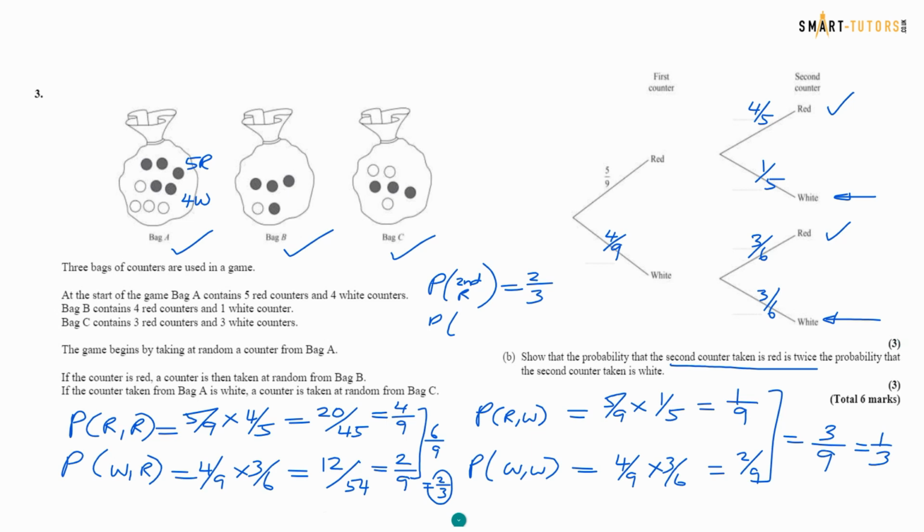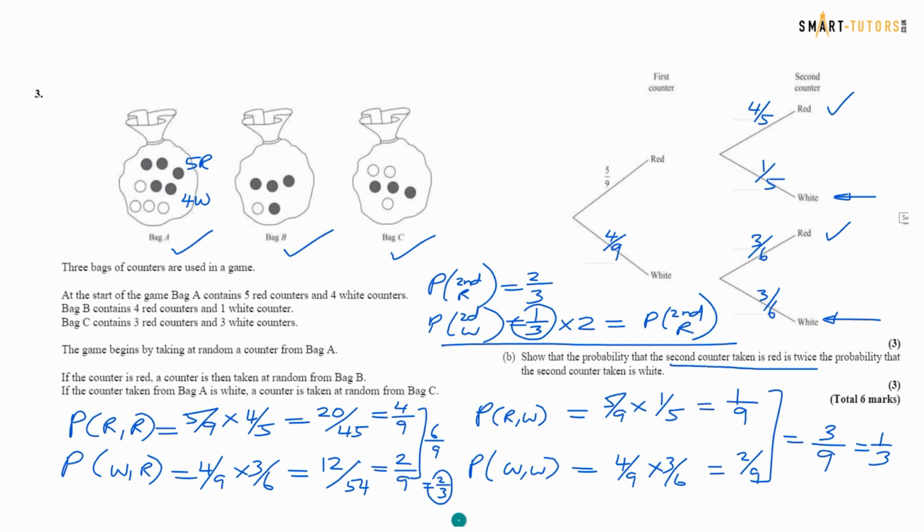Probability of second counter white is 1 upon 3. So you already proved the second counter taken is red is twice the probability of the second counter being white. So this 1 upon 3 times 2 equals the probability of second counter is red. So we already proved that one.